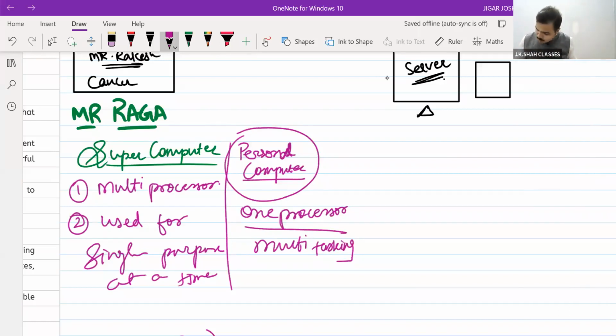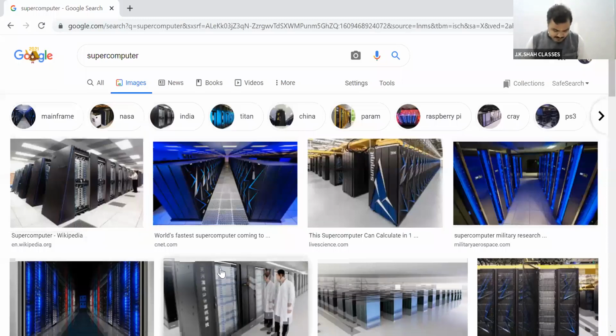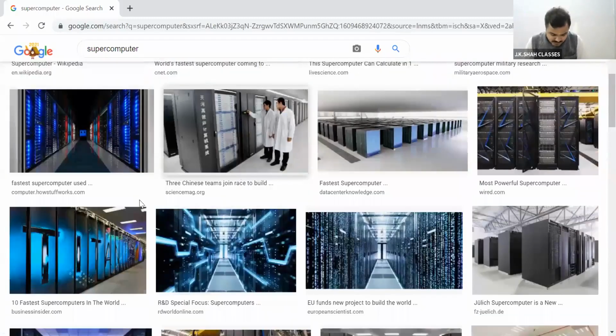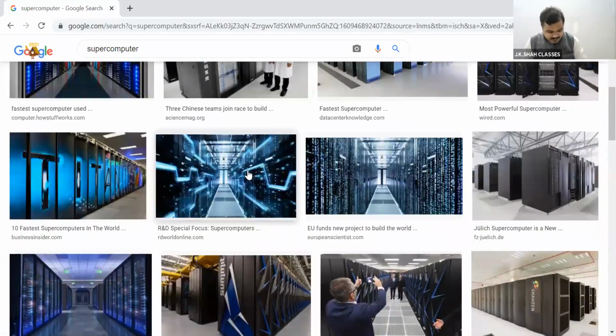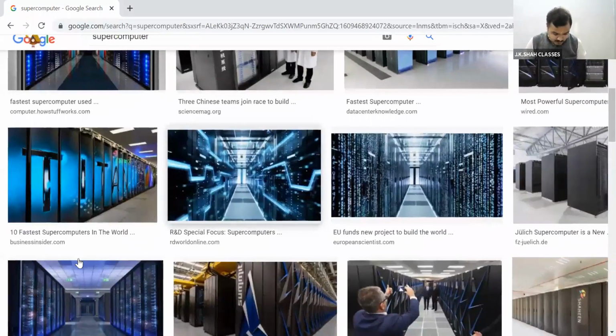Let me show you the image of a supercomputer also, so that you don't feel something is missed. See, this is how it looks. This is the top 10 fastest computers in the world.